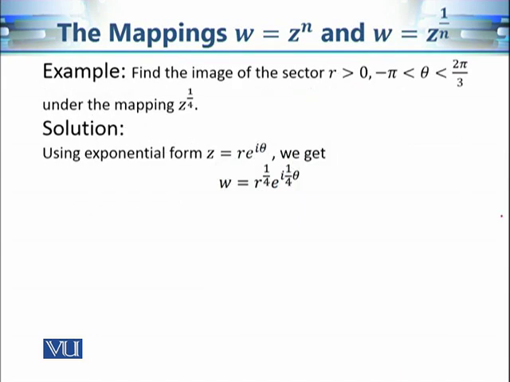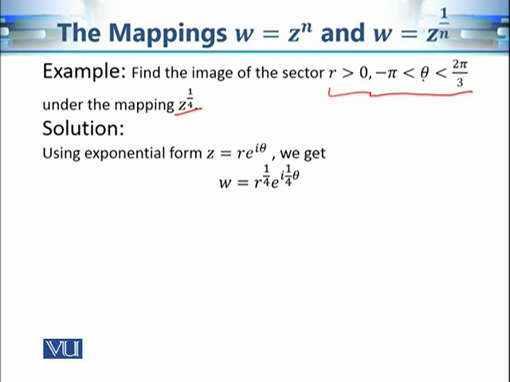Now let's consider another example, and this time we choose the mapping the fourth root, or z raised to power 1 by 4, and try to calculate the image of this sector defined by these conditions under this map. So this is the set of all complex numbers. Okay, so there is no condition on R now, it's just R is greater than 0.